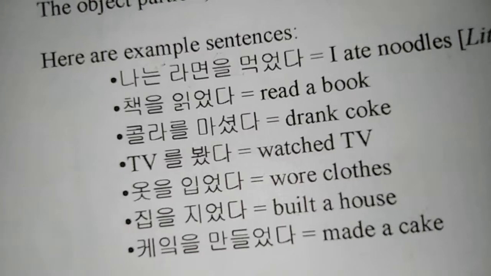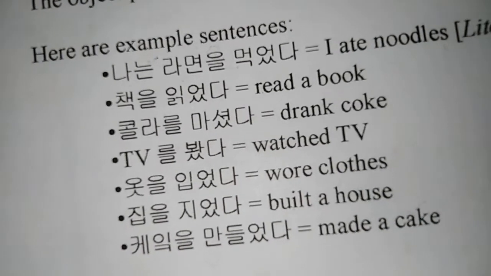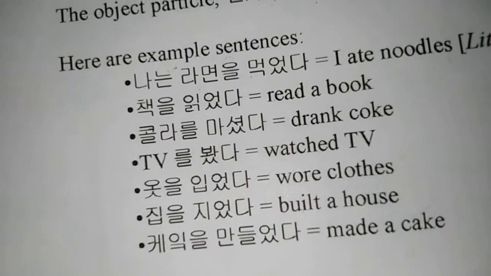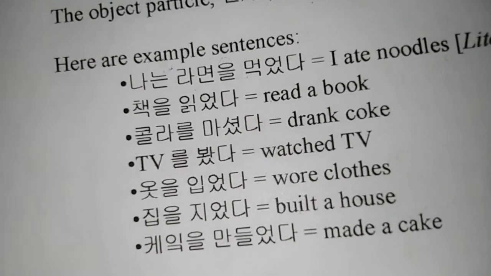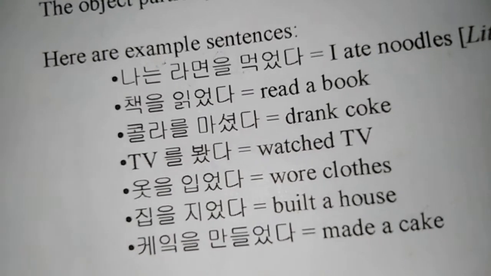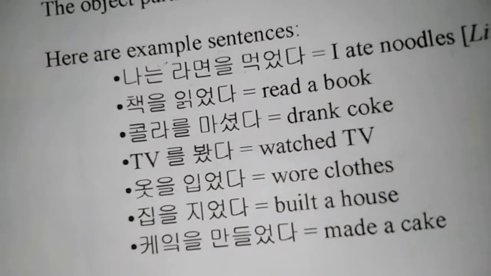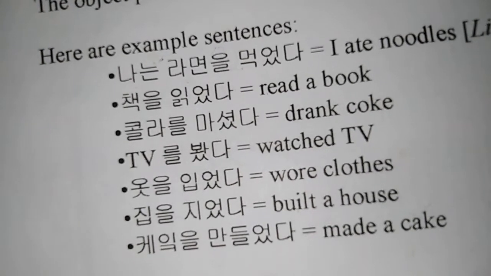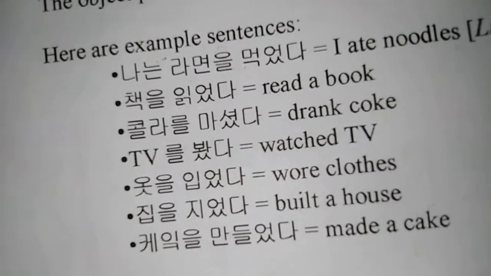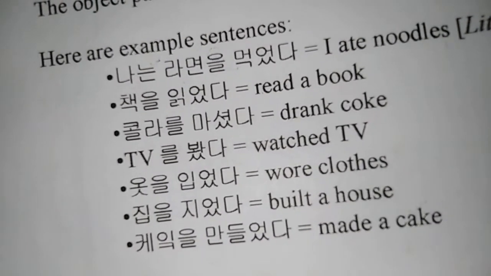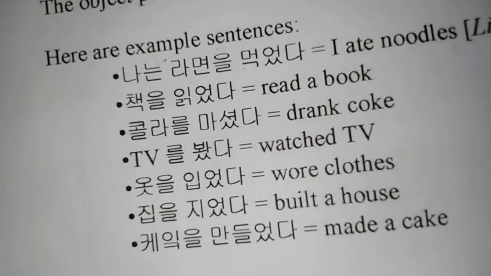Like that, 먹었다 is 먹다's 과거 시제. 먹다 means eat. 읽었다 is 읽다's past tense. 읽다 means read, 읽었다 means read in the past. You'll be learning about how verbs change in the chapters coming when we learn about verbs: 현재 시제, 과거 시제, all that. 현재 시제 means present tense, 과거 시제 means past tense.